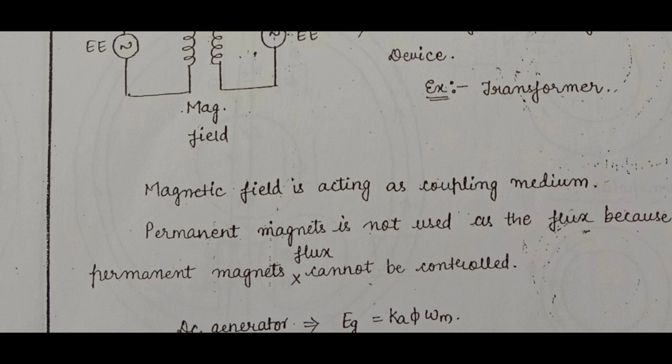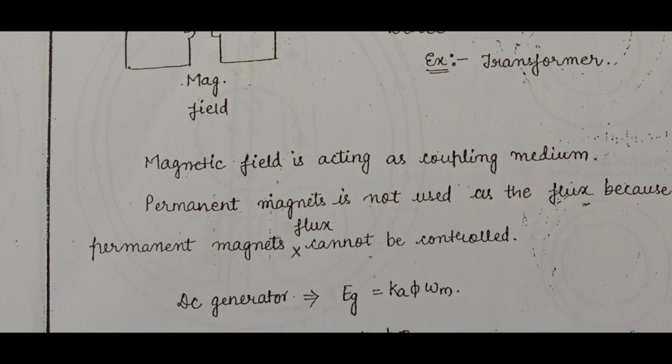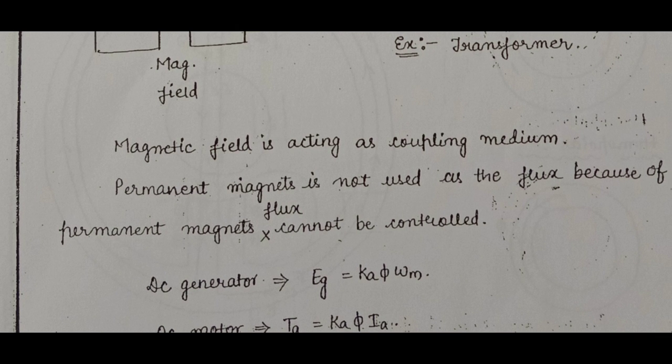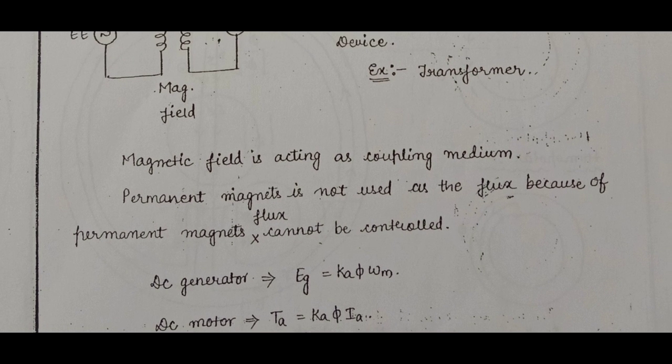The permanent magnet is not used as the flux source because permanent magnetic flux cannot be controlled.